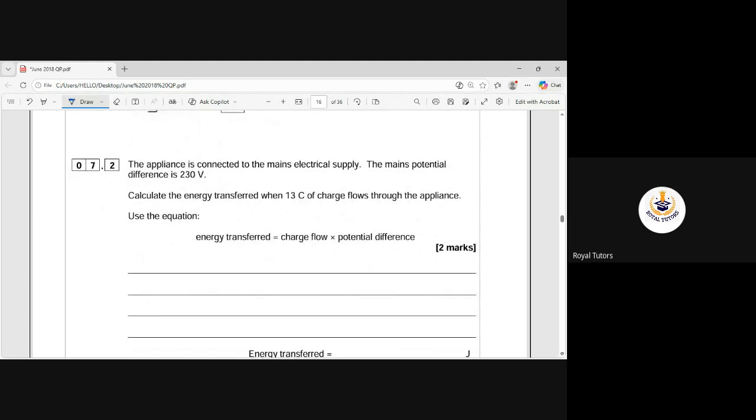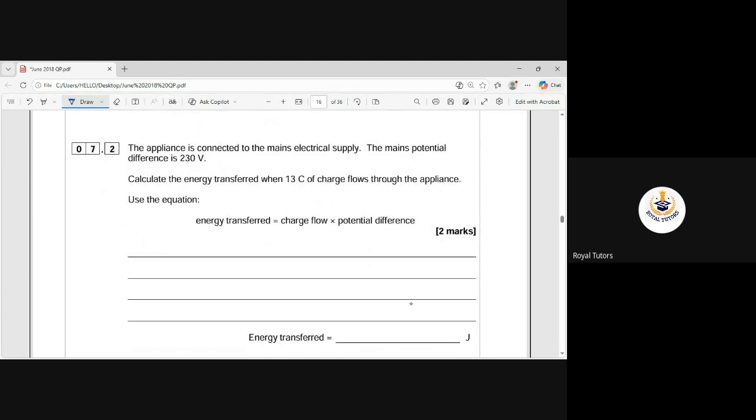Then the next question says, the appliance is connected to the main electrical supply, and the main potential difference is 230 volts. Calculate the energy transferred when 13 coulombs of charge flows through the appliance, and you've already been given the equation to use. So basically, you just need to insert the values.